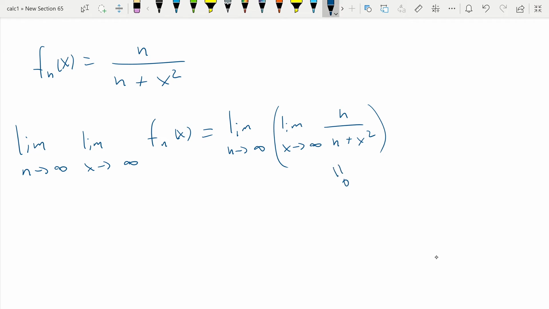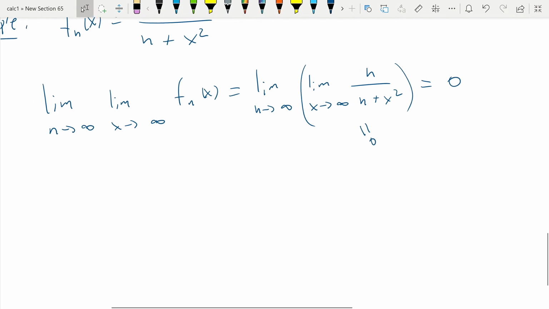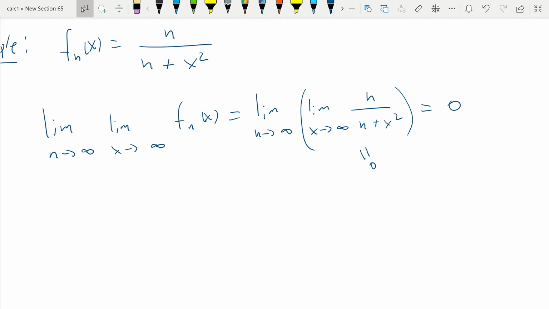And of course the limit when n goes to infinity of 0 is just 0. The thing here to keep in mind, this is important for what's going to come next, is that in order to guarantee that this is going to be very small, the value of x that you need to pick may change depending on how big n is.